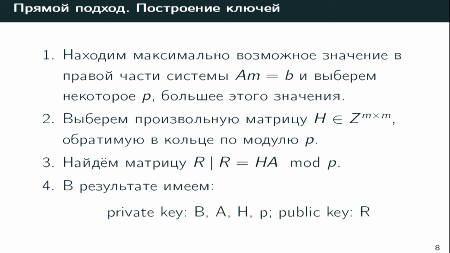What do we need to do next? We have an equation Ax equals b. We have the maximum number on the right hand side, and we choose to make an H matrix which will be reversible. An open key here is the R matrix.